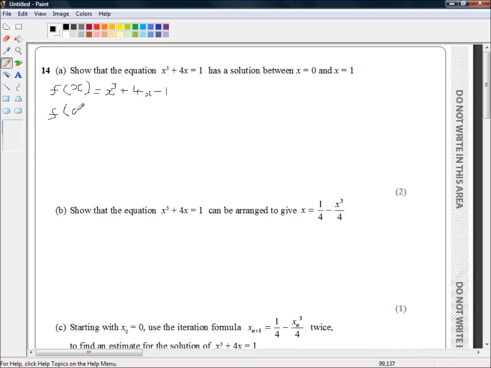F of 0 is equal to 0 cubed plus 4 times 0, so that's all 0, minus 1. So f of 0 is equal to minus 1. And then f of 1, because we're going to show that it's between 0 and 1, is equal to 1 cubed, which is 1, plus 4 times 1, which is 4. 1 plus 4 is 5, minus 1 is 4.